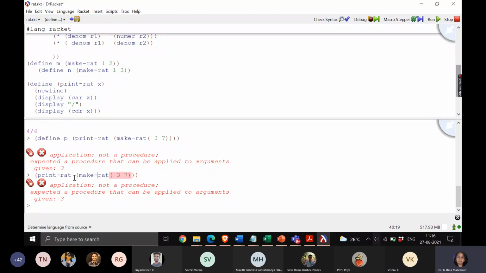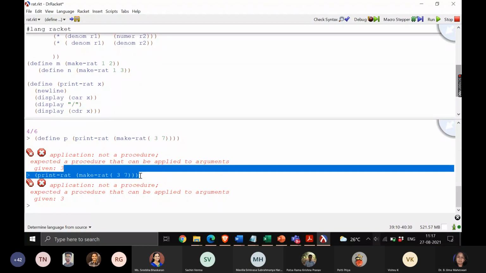Ma'am, what is the problem? Ma'am, you have put an extra bracket in make rat. You can remove the brackets before 3 and 7. Ma'am, there you can't do any modification. You have to once again type it.